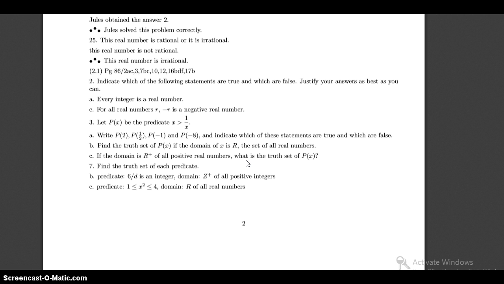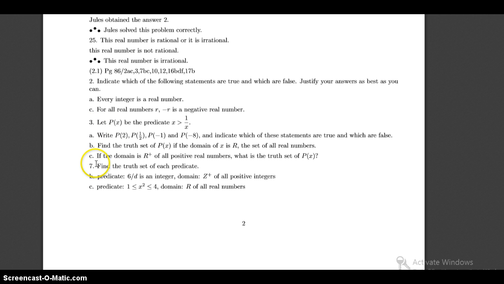So you will pick 2, 1/2, or so on, to determine what kind of positive numbers will be in the truth set. In other words, what kind of positive numbers you will pick for x such that x is greater than 1 over x.